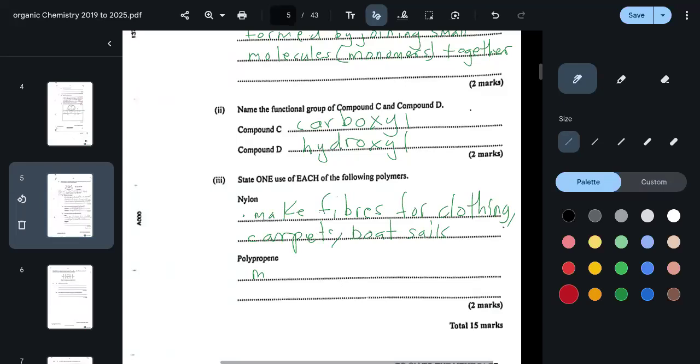Polypropene, all right. So used to make ropes, carpets. Again, all of these are in the table that I will send you.